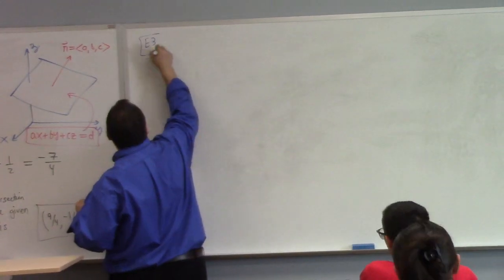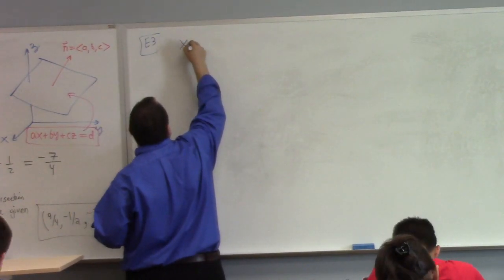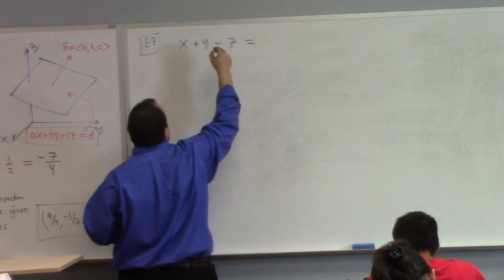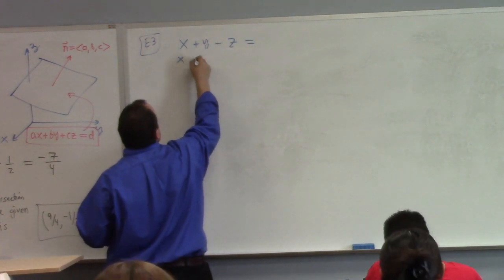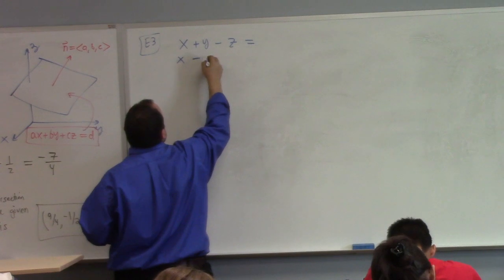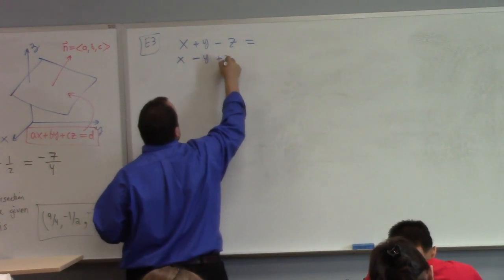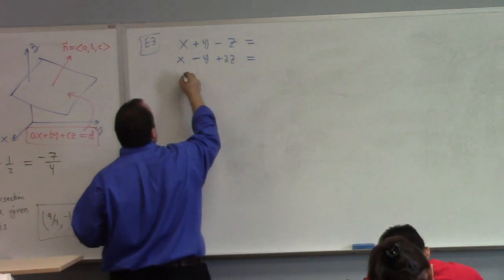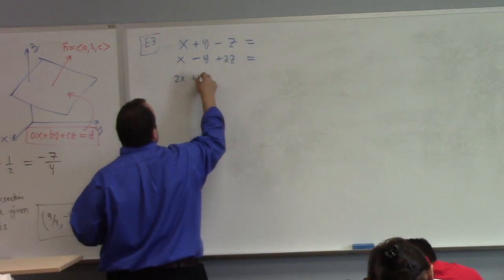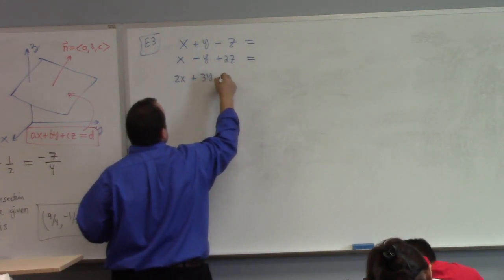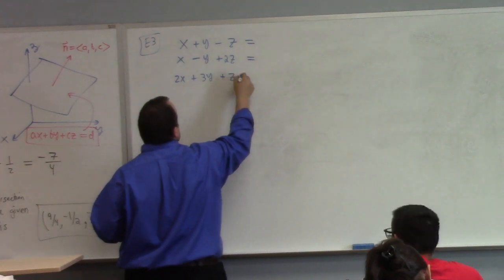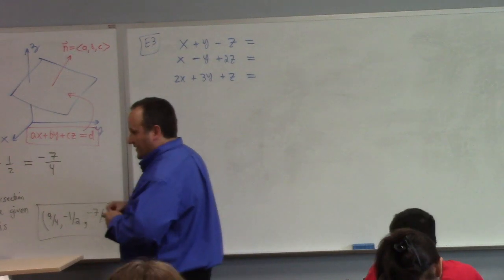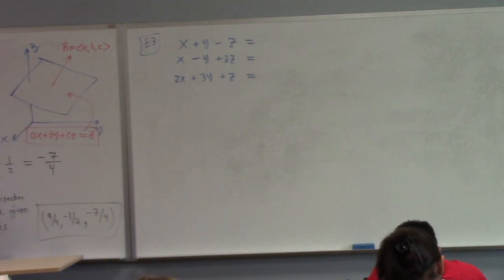Example 3. We could have something like x plus y minus z equals something, and then x minus y plus 2z equals something, and then 2x plus 3y plus z equals something. And I'll put down the somethings here in a second. Give me a second here.